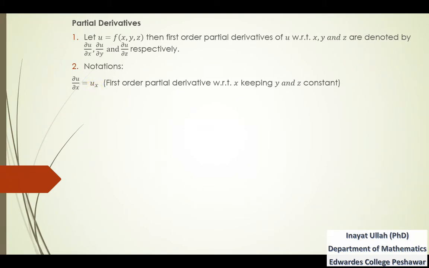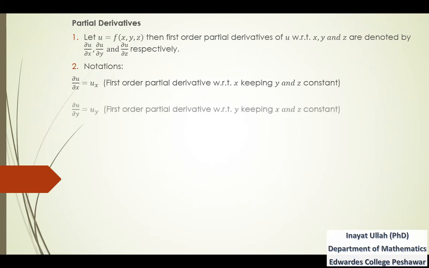Whenever we take the partial derivative of a function of several variables, more than one variable, if you want to partially differentiate the function with respect to one variable, then the other variables will be kept constant. So if we want to find the partial derivative with respect to x, then y and z will be kept constant.